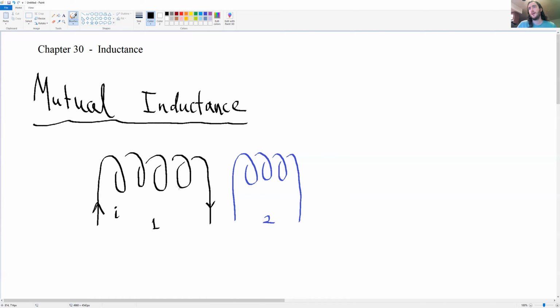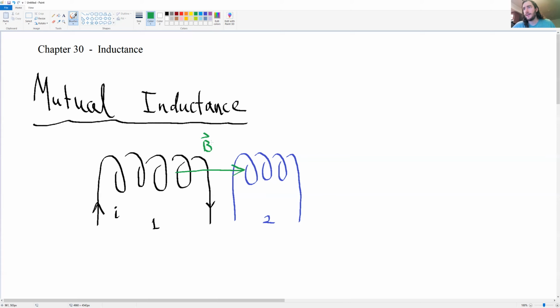There'd be a magnetic field created inside of this coil. To avoid drawing too many lines, I'm just going to draw that central line, which is perpendicular to the plane of the loops. And that magnetic field would be increasing.